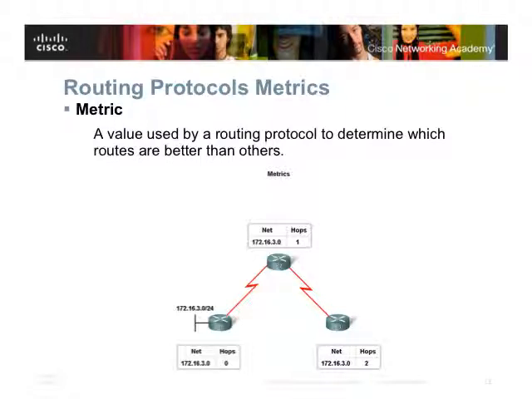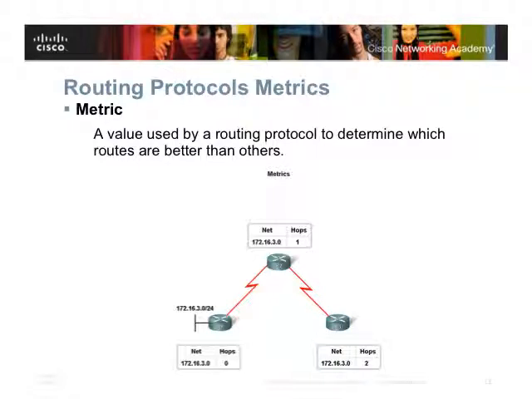So for me to decide that this direction is better than this direction, I have to have a quantity or a value based on which I decide that this route is better than this route. To go to Education City through this roundabout is better than this street, for example. So this is what we call the metric.